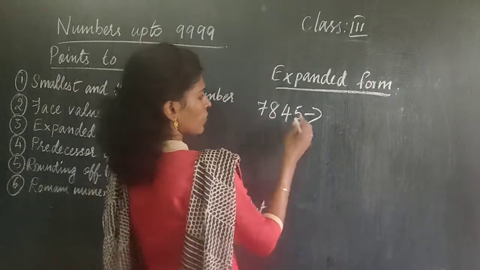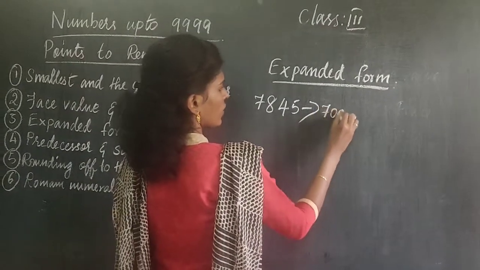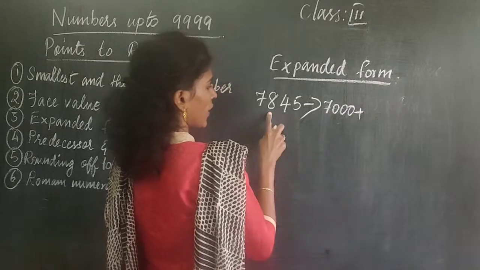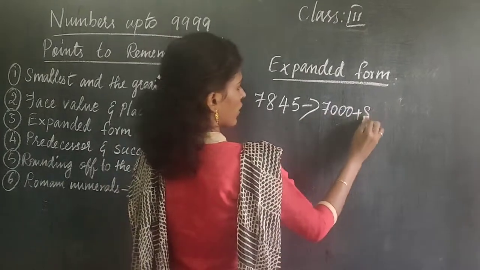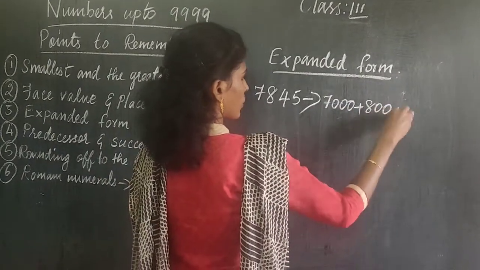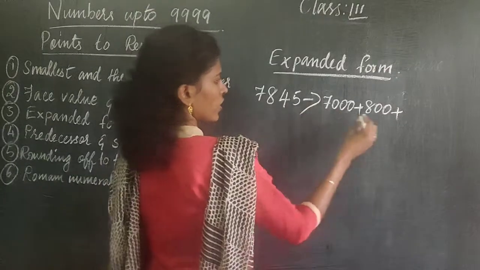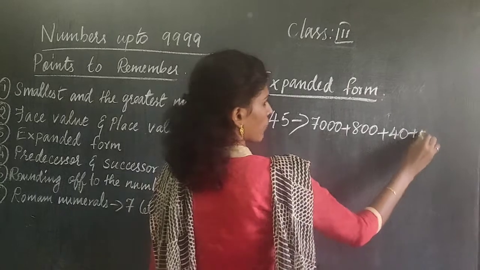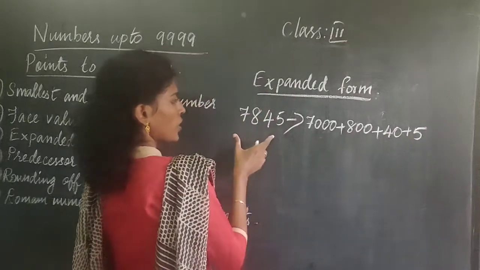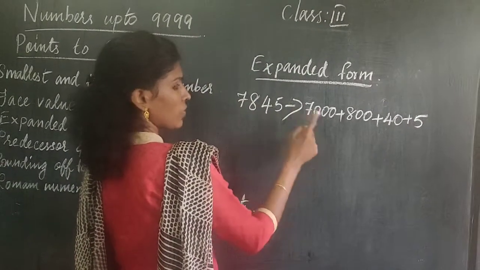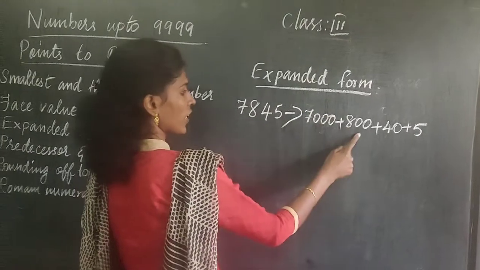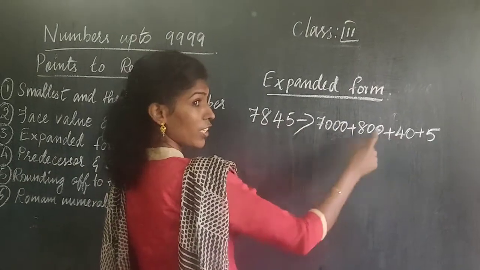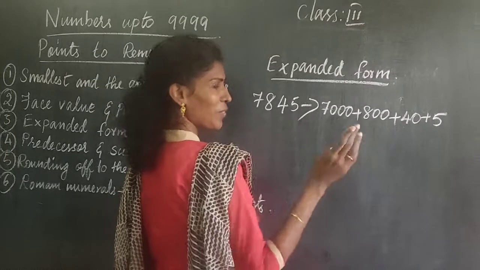So 7's place value is 7000. Again, 8's place value is 800. Again plus, 4's place value is 40. 5's place value is 5.